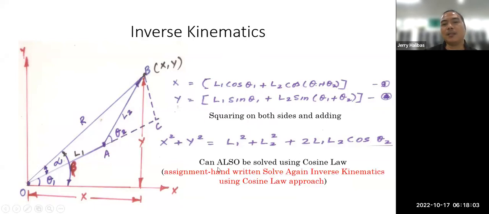So your assignment is you're going to submit on Wednesday the handwritten assignment, solve again the inverse kinematics. This time you're going to use cosine law.